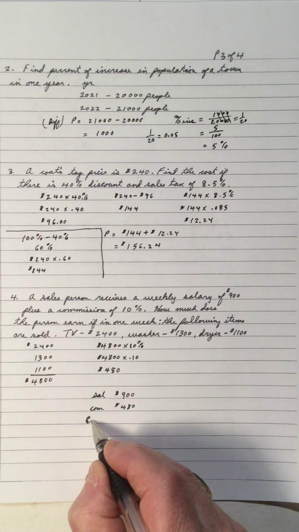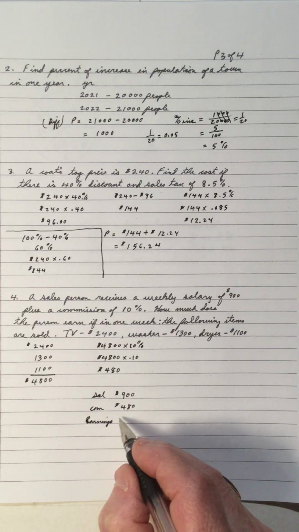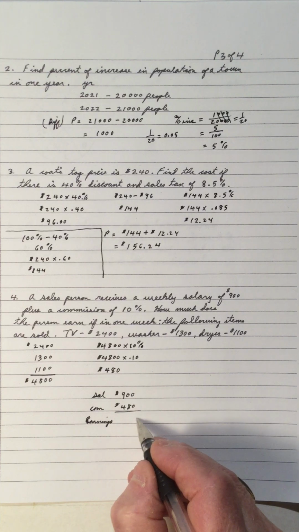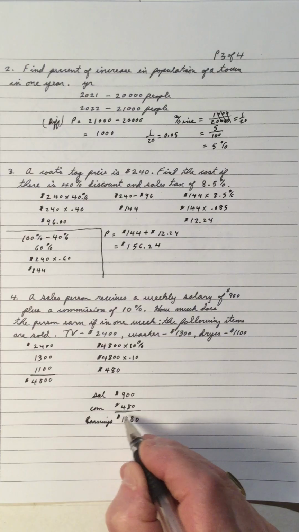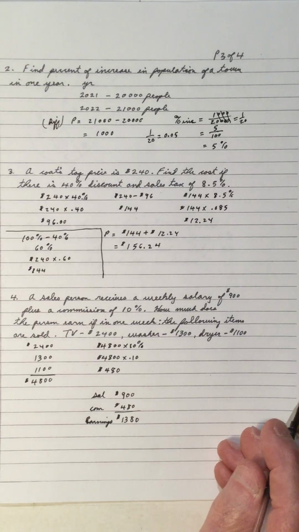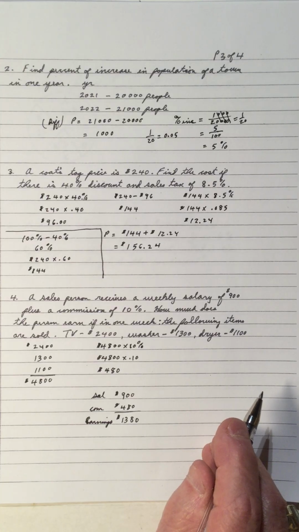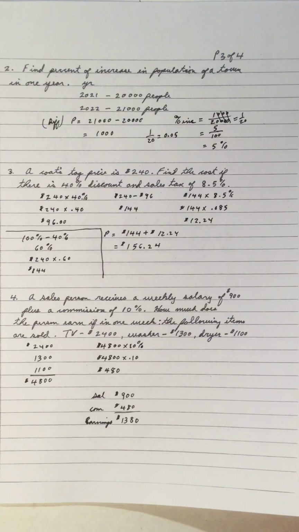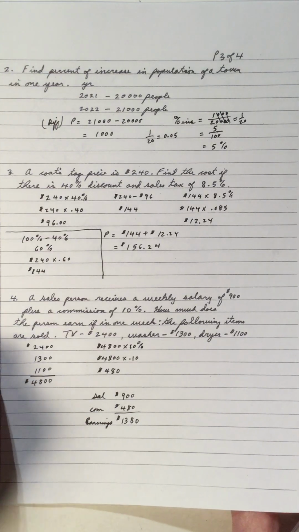So his earnings for that week is the total of those, and he made $1,380 in that week. Commission is the amount that he gets on his sales, and 10%. So again, you do the commission on the sales, get the total sales, get the percentage, and add it onto his salary.